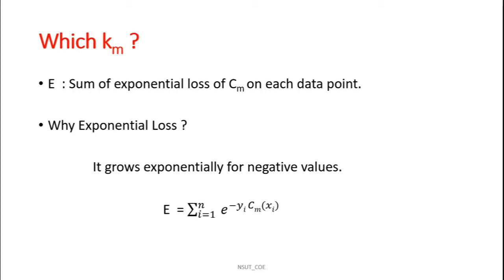The total sum of exponential loss is given by this particular equation: summation i goes from 1 to n, where n is the total number of training examples, of e raised to the power minus yi cm xi. Yi is the true classification of the ith training sample xi and cm xi is the classification given by the mth boosted classifier.